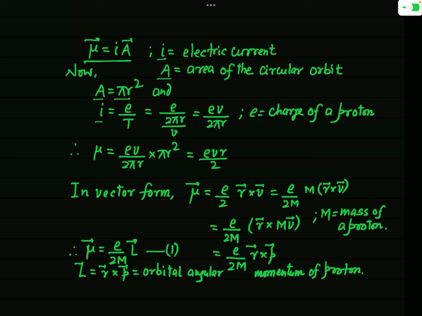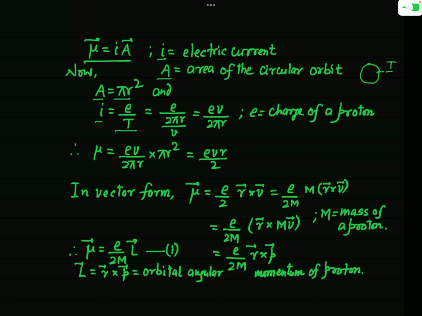As the proton is moving along this circular orbit, if you consider that the time period of this circular motion is capital T, it means the proton takes T time in completing one revolution, then the electric current will be simply e divided by T, because current is what? This is charge flowing per second.